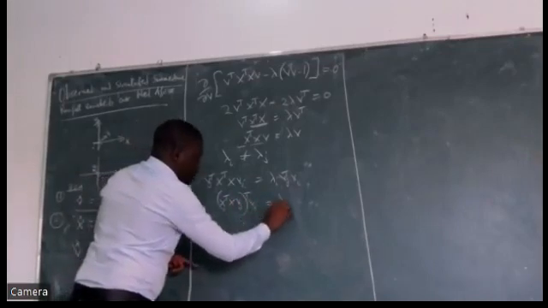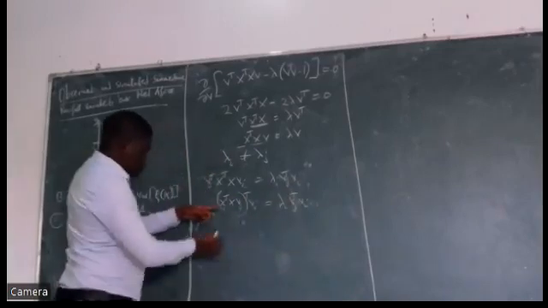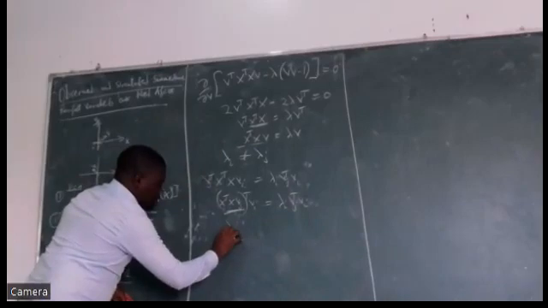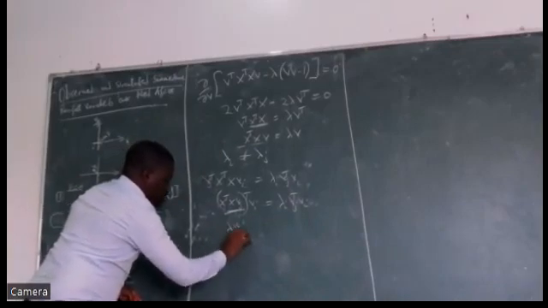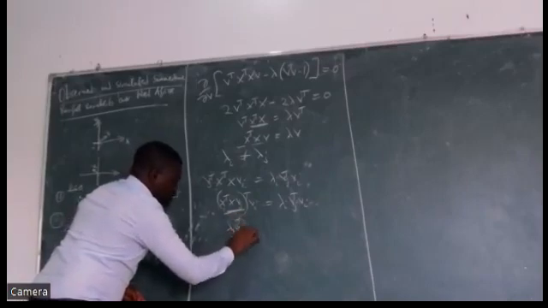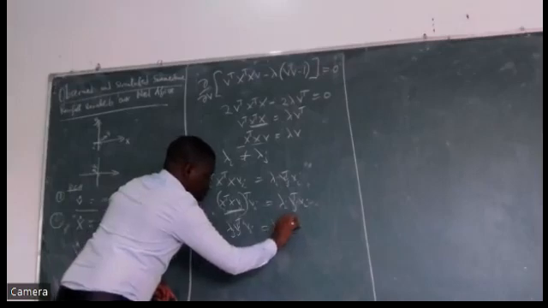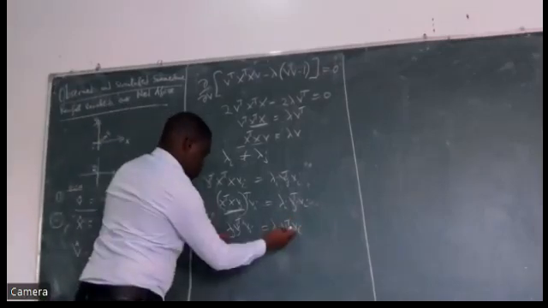But this is equal to lambda i Vj transpose Vi. So this one here is like lambda j Vj transpose Vi is equal to lambda i Vj transpose Vi. What we are going to do now is to bring this on this side.